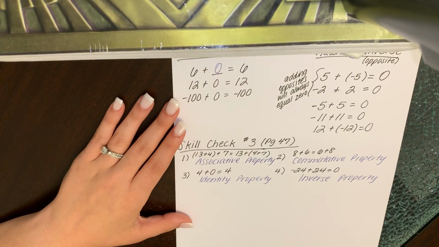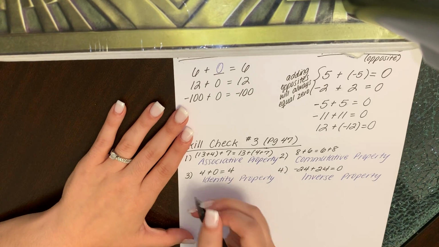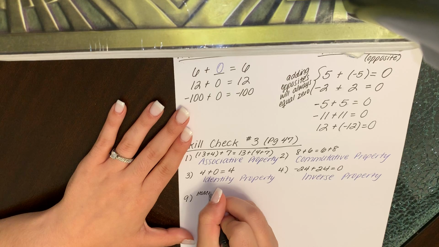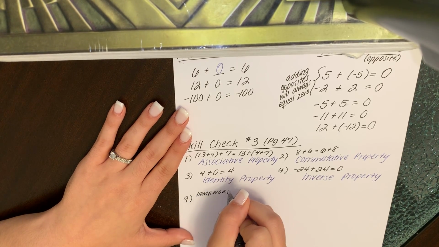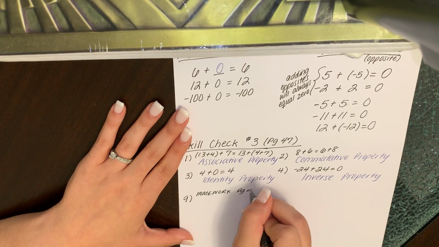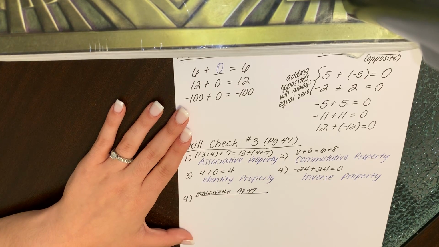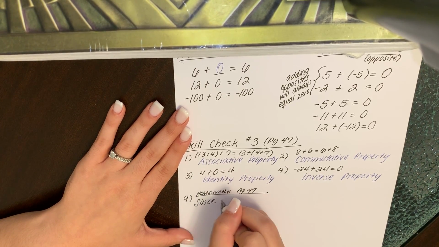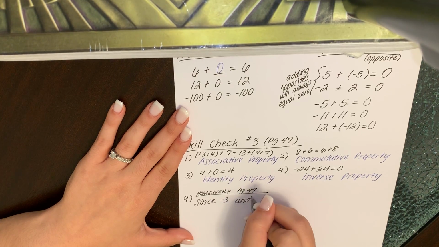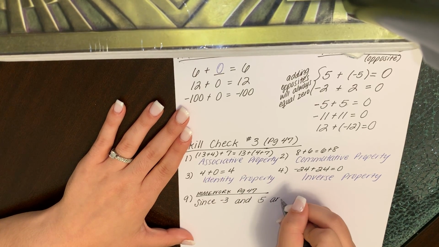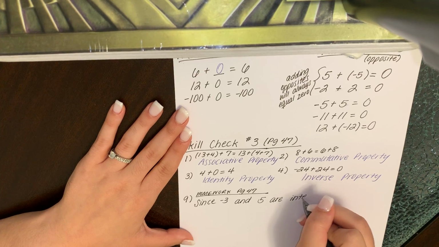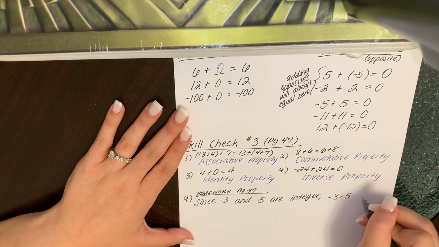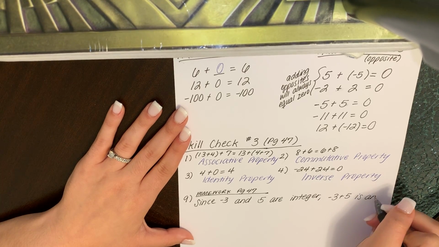So let's talk about question number 9, straight from your homework. This is from your homework on page 47. So consider this a free answer, you guys. So number 9 says, since negative 3 and 5 are integers, negative 3 plus 5 is an integer.